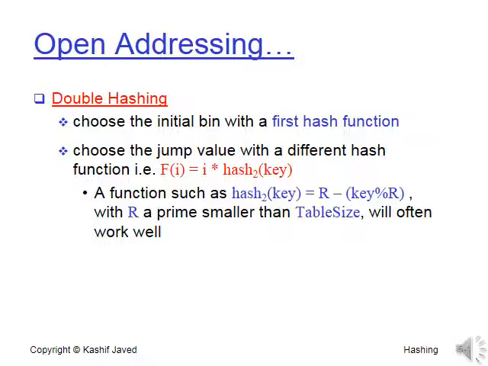Choosing the jump value with a different hash function, that is f(i) = i times the second hash function for input key. A popular second hash function for input key is R minus key mod R, where R is a prime number that is smaller than the size of the table, will often work well.